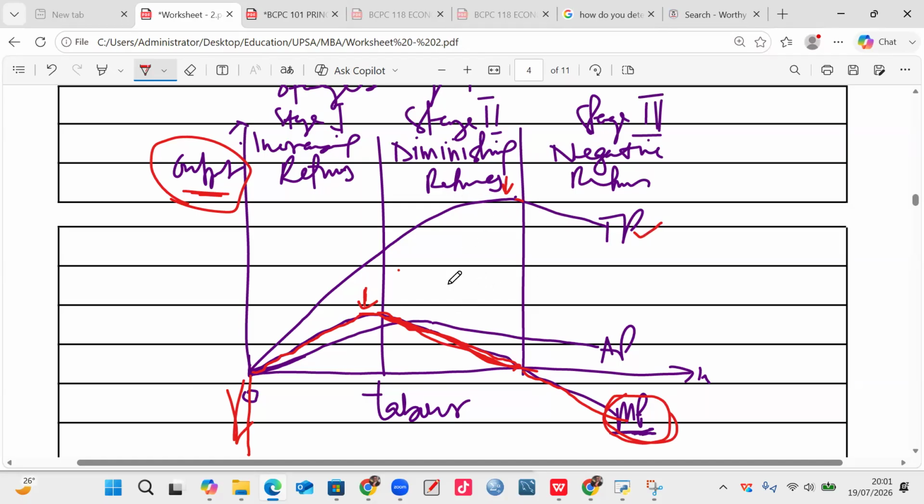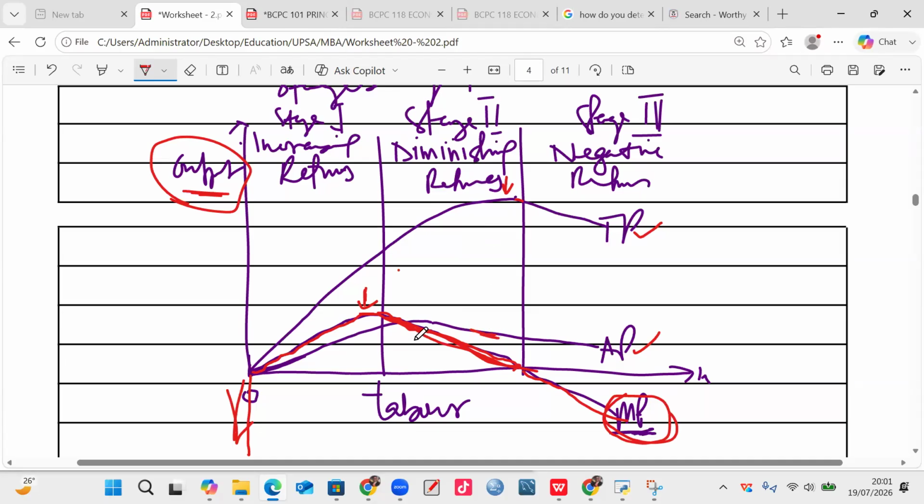In the second stage again, the average product cuts the marginal product at maximum. It cuts it when it was getting to maximum. So in the second stage, the average product cuts the marginal product at maximum and begins to decrease. This is it.